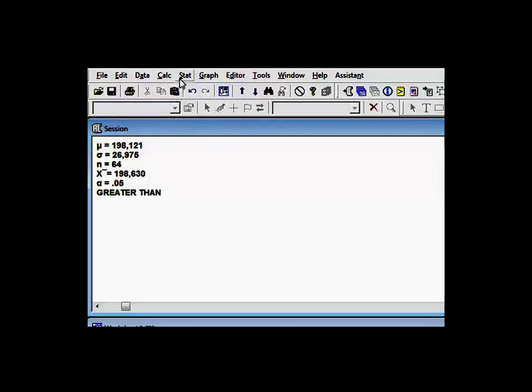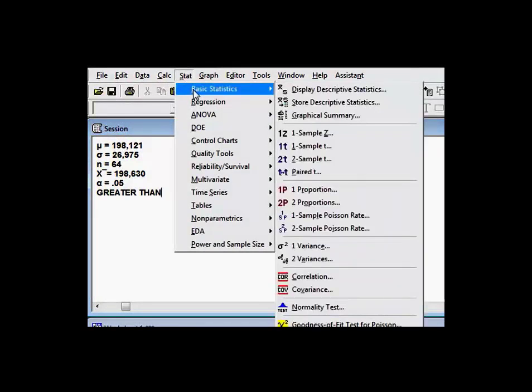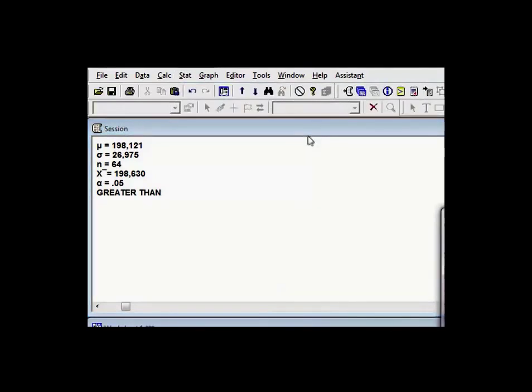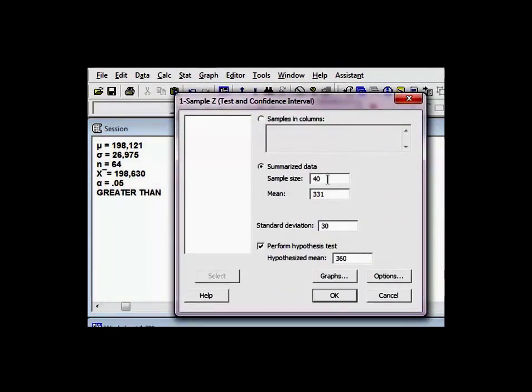I'm coming up to Stat, Basic Statistics, and because I have a population standard deviation, I know that this is a z-test. I only took one sample, so I'm going to use one sample z. I'm going to get my dialog box.